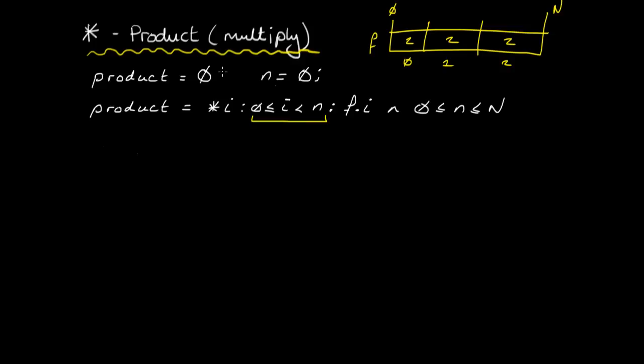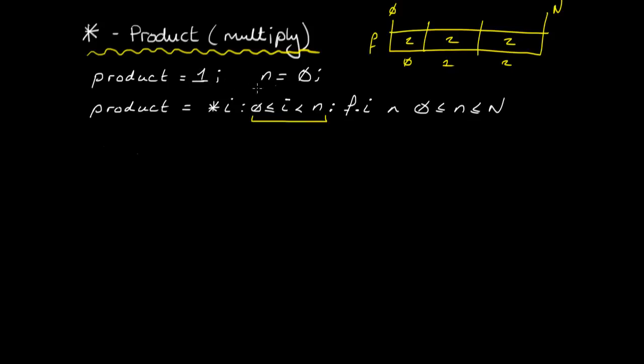And that's because, again, we're doing this in a piecemeal way. So if we set product to 0, we'll end up then multiplying by 0. We'll include a 0 in our multiplication, and everything multiplied by 0 is 0. So we can't do that. We can't set it equal to 0.